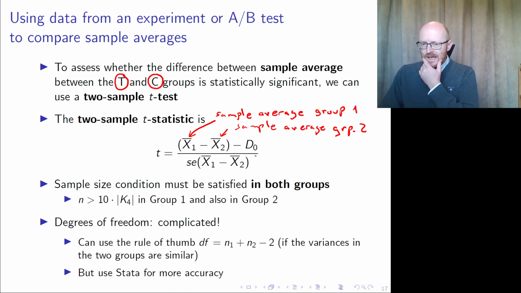And what you see here is this D naught is like a cutoff, and this is just for the hypothesis test.